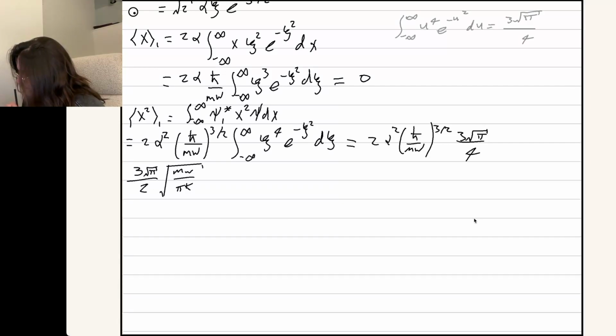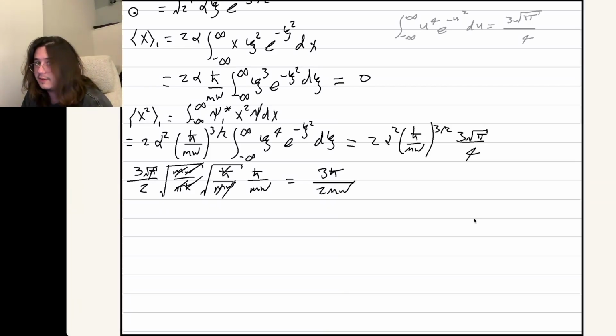And then we're going to do the same moving around trick as before in the 3 halves term. So we're just factoring out a radical and leaving the rest separate. So h bars cancel out, m's cancel out, omegas cancel out, pi's cancel out. So we just have 3 h bar over 2 m omega for the expectation value of x squared for the first excited state.